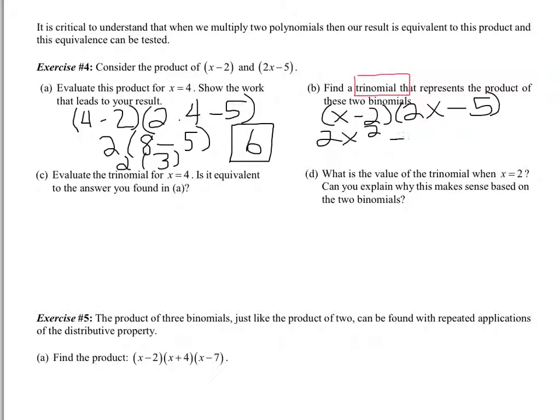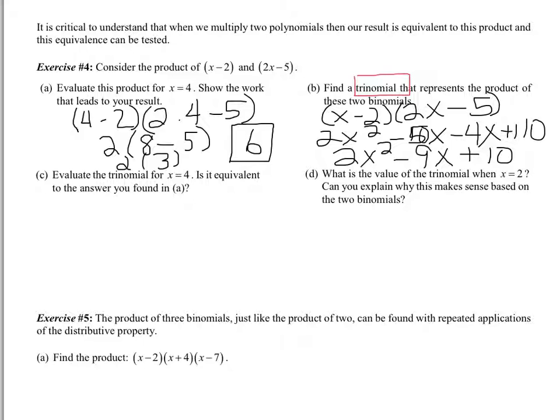I'm going to end up with a minus, excuse me, let's go back on that one. I'm going to undo that, and we're going to have minus 5x, sorry, writing over the top of that, minus 4x, and I'm going to end up with a plus 10. Okay? So when I do that and I simplify it, I end up with 2x squared minus 9x plus 10.